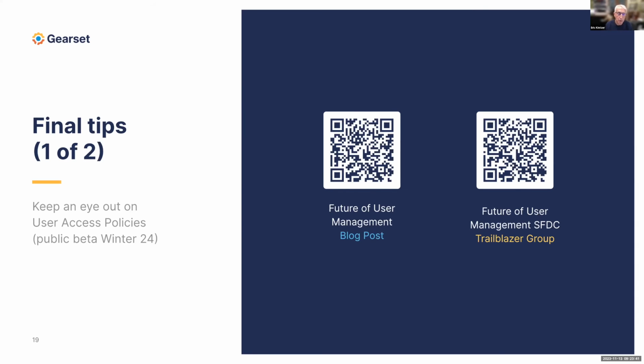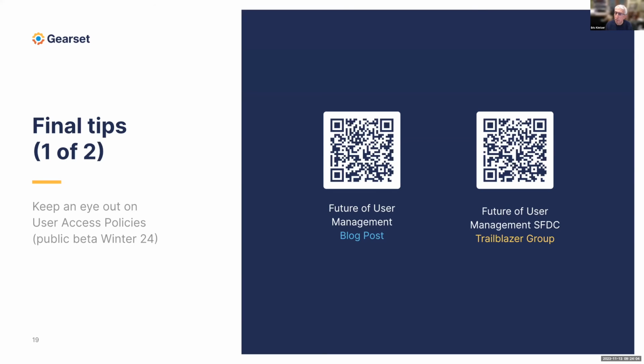But now Salesforce has released in public beta user access policies that essentially define rules. So based on characteristics of the user record, you can set the public groups, role, profile, and permission set groups. And it's all point and click configurable. So this is super useful, and I'd recommend taking advantage of that.